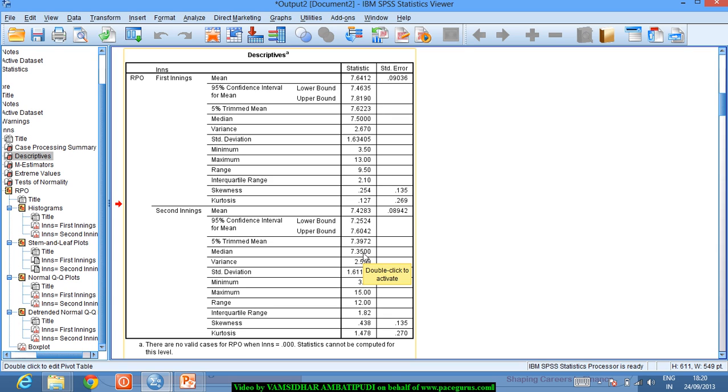This is one more area to focus. The difference between the medians is just 0.15, 7.5 and 7.35, whereas the difference between the trimmed means is almost 0.23 and between the original means is almost 0.22.